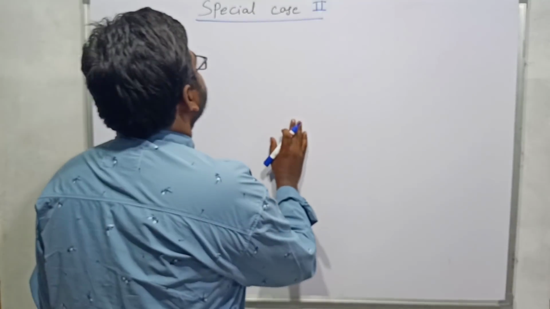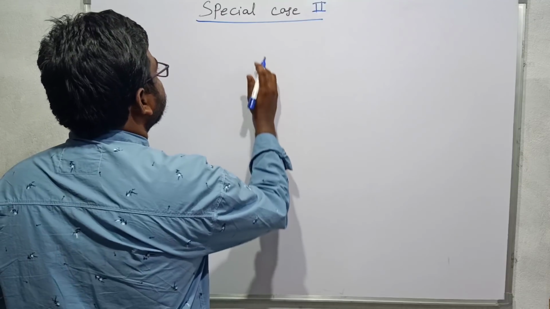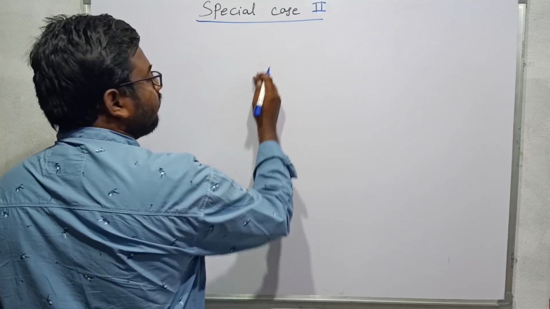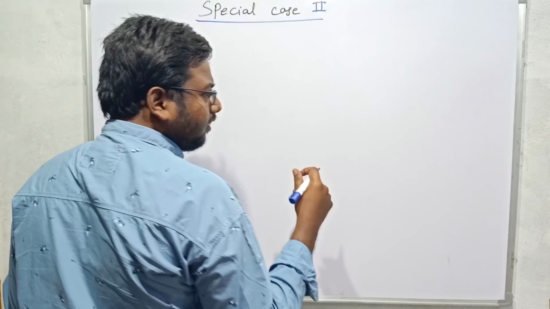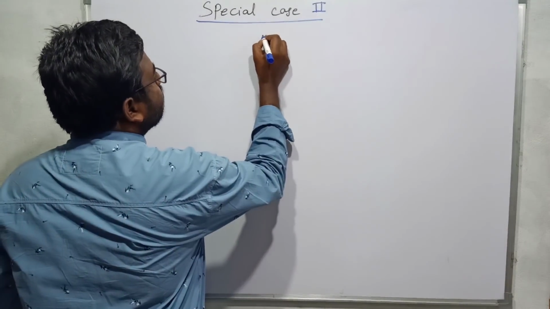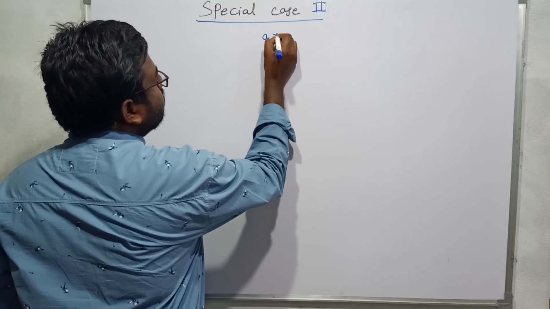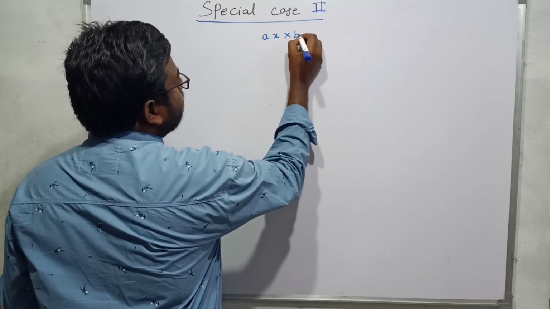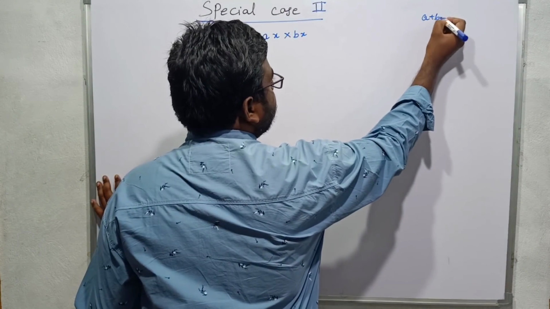You should listen to this very carefully, because this case is a little bit confusing, but this is also an important one, and the scenarios in this are a little bit different from the previous one, that is ax into bx, where a plus b is equal to 10.